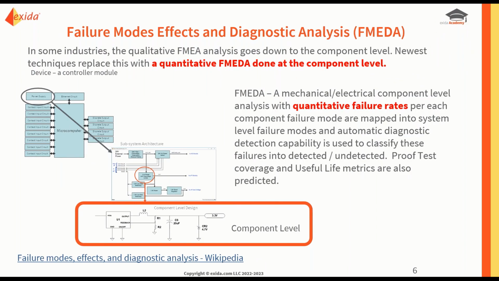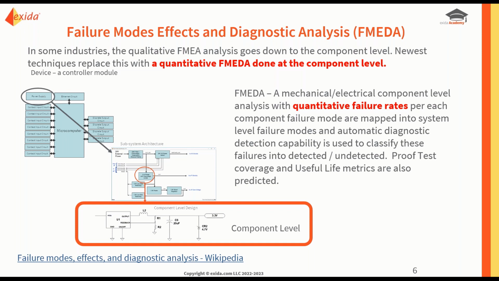So when you're doing your FMEDA, and obviously this is going to lead us into the component database and what to look for, you need to start with a good FMEA. In doing that, you're looking at your system, your device, whatever you're going to analyze at the system level. You break it down into sub blocks within that particular device. Some of those blocks may have a further breakdown into more sub blocks or subsystem architecture.